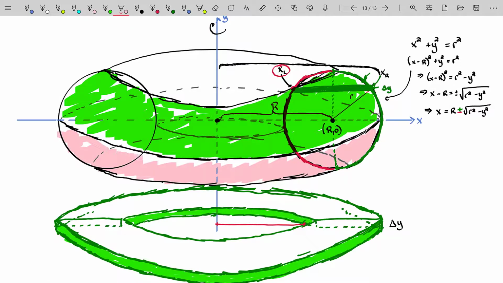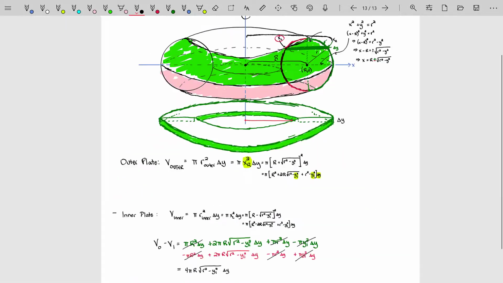So all I really want to do is start stacking plates, not from negative little r to positive little r. I want to start stacking plates at a height of 0, basically right here, and I'll finish stacking plates when I get to the top, and then I'll double up that volume.